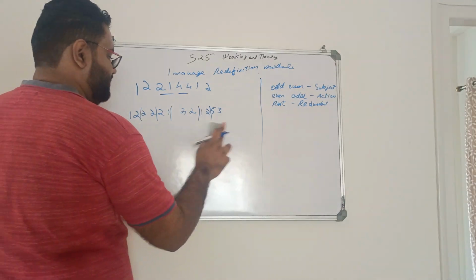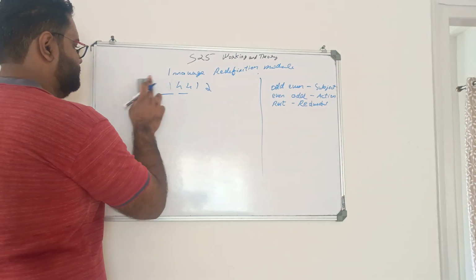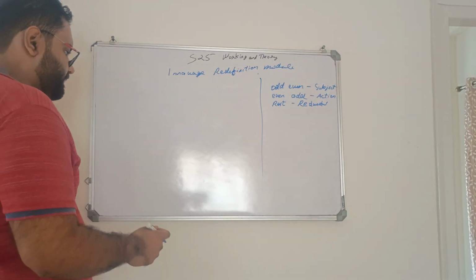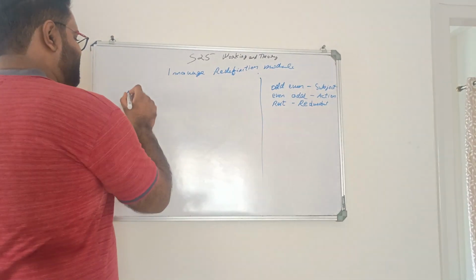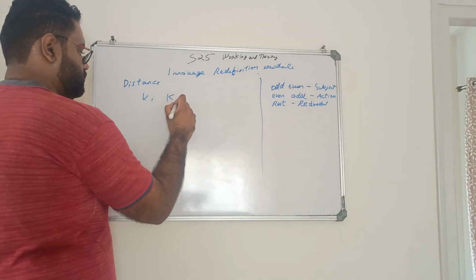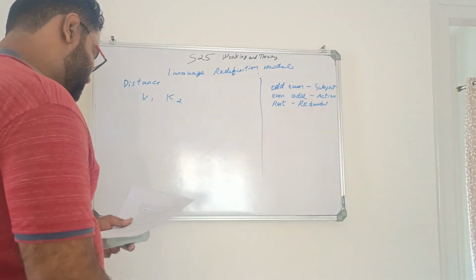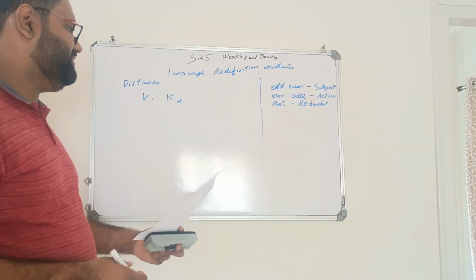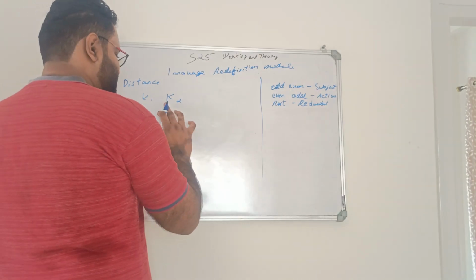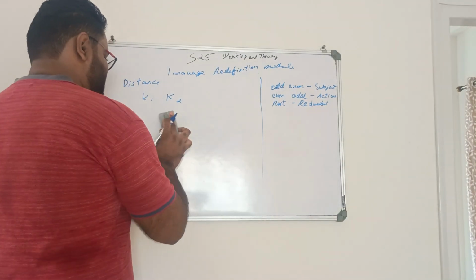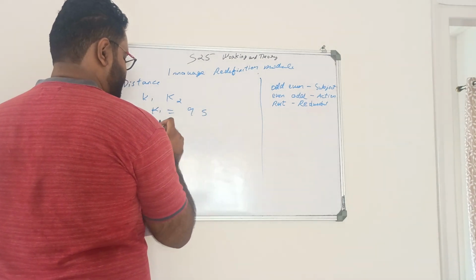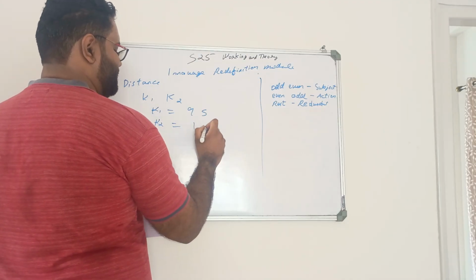Now all we have to do is define a distance metric. So let's look at distance. If I have K1 and K2, the distance is just going to be Manhattan distance, but whenever we have this mod 10, there is going to be this kind of plus or minus thing. So let's say K1 is equal to 9, 5, and K2 is equal to 1, 4.